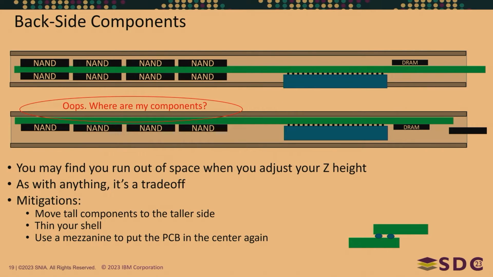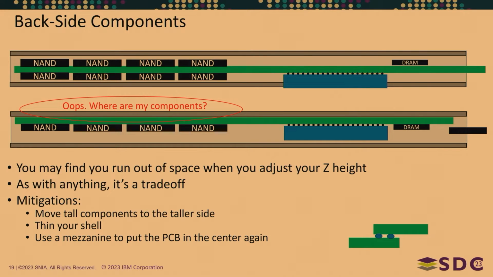And then your backside components. Well, you'll notice in my diagram, we had a double-sided NAND flash before, and when we offset the board, well, your shell is now where your NAND needs to be. So as with anything, it's a trade-off. So you could move more components to the taller side of the board.